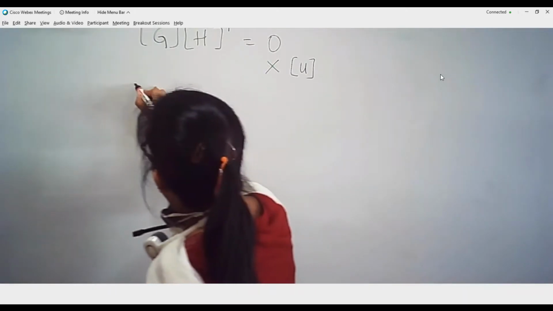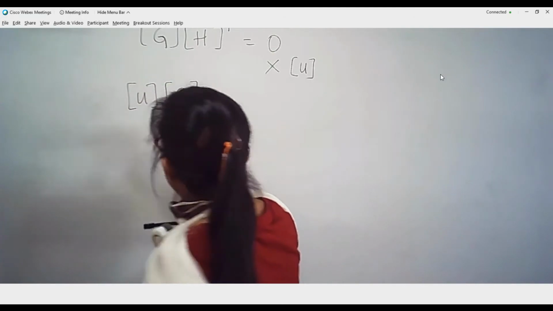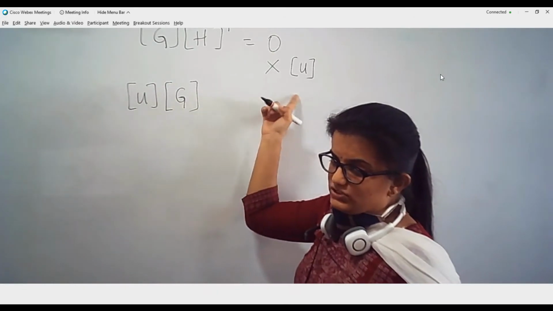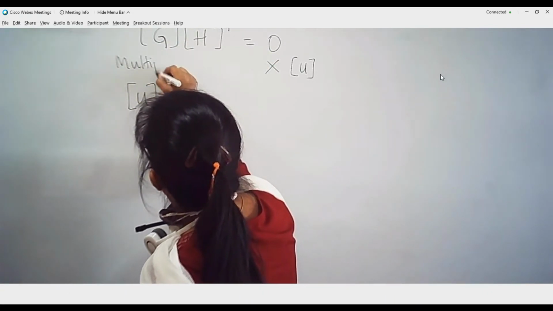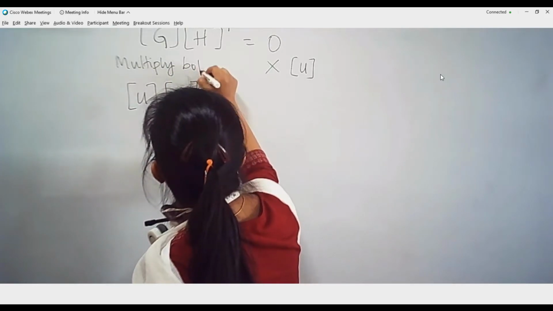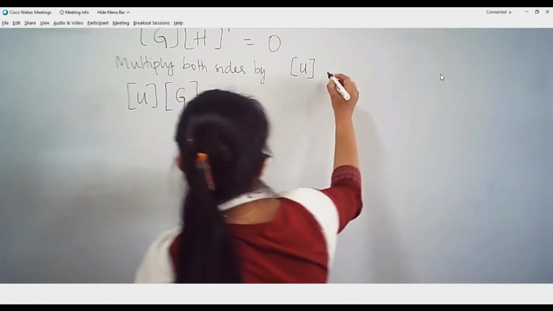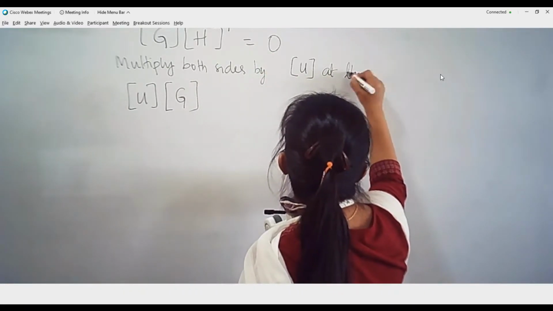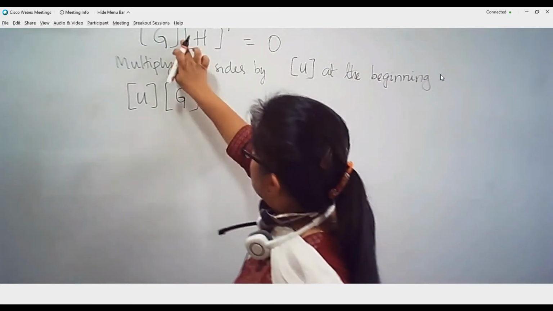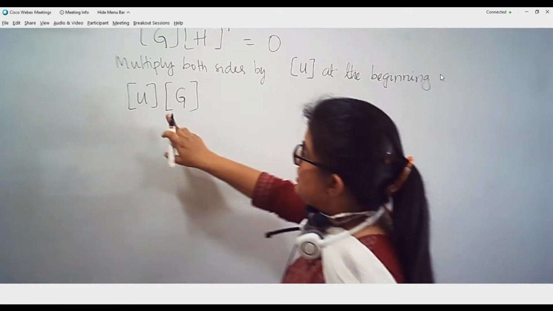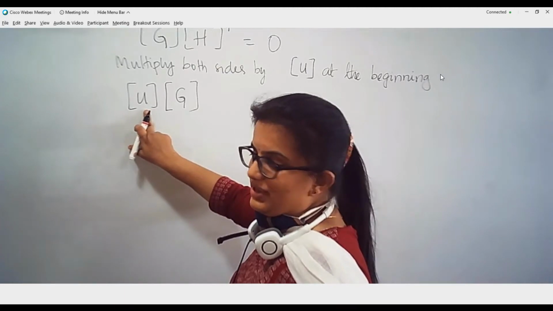So u multiplied by G. You have to multiply the message vector at the beginning. Please remember, multiply both sides by the message vector u at the beginning. You cannot multiply randomly in between or at the last. No, it is not possible. You have to follow the matrix multiplication rule, so you have to multiply at the beginning.